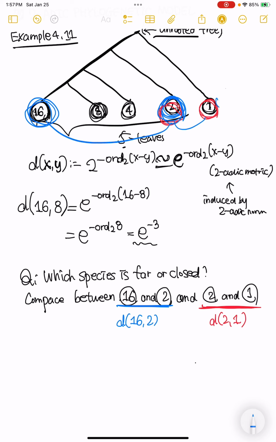Is number 2 deeply related to 1, or is 2 deeply related to 16?